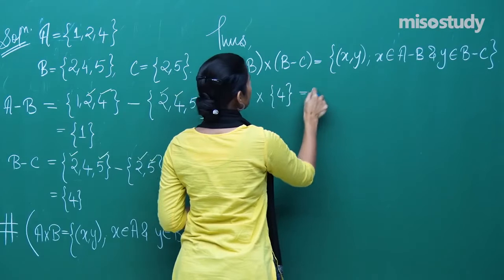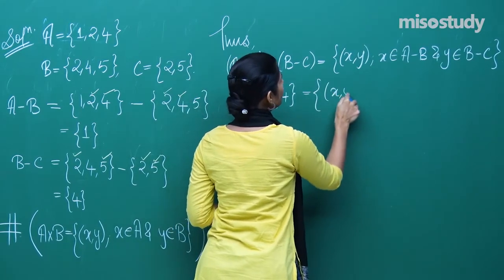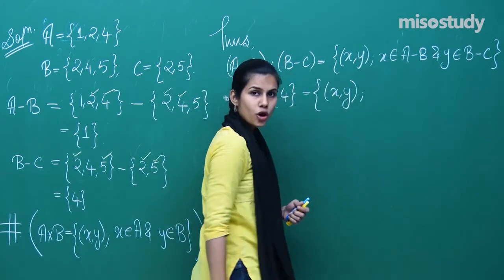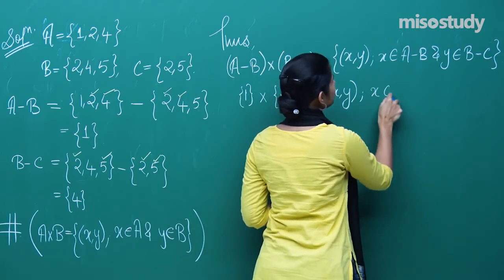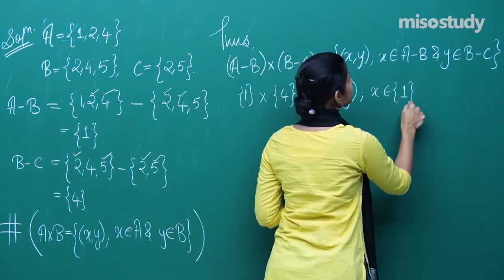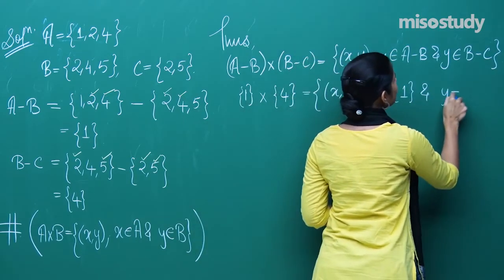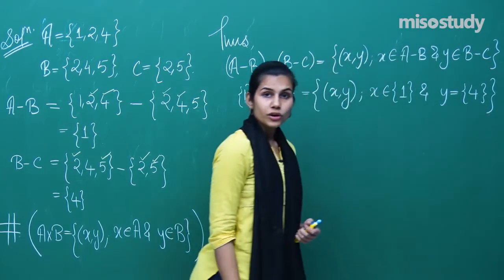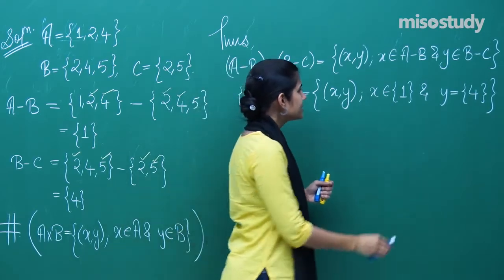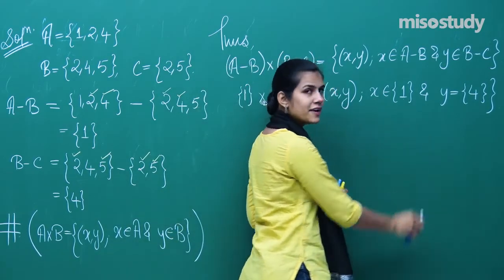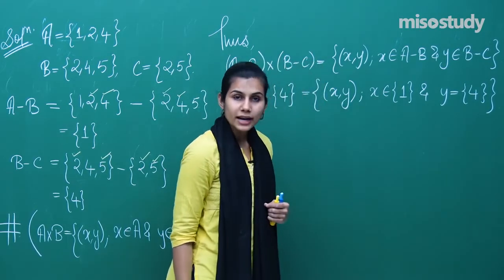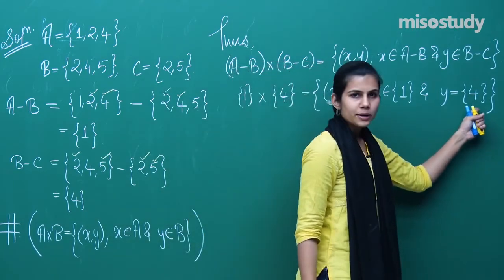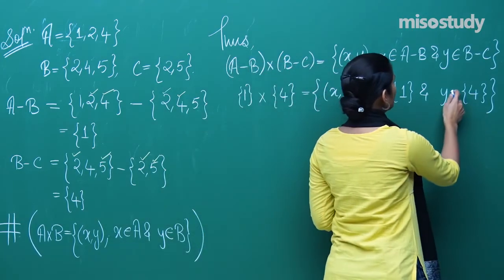And therefore, this happens to be the collection of all those ordered pairs (x, y) such that x is coming from singleton 1 and y is coming from singleton 4. That means x has only one possibility, which is 1, and y has only one possibility, which is 4.